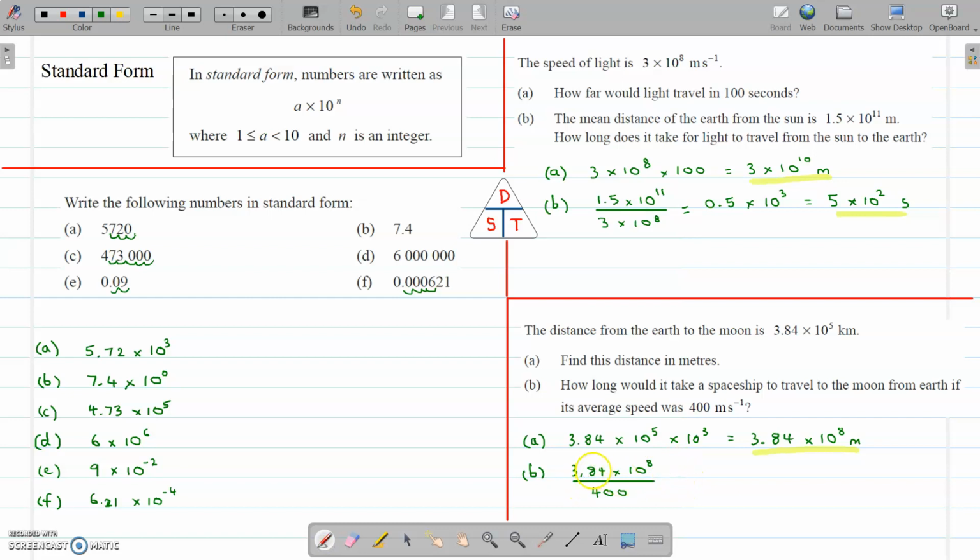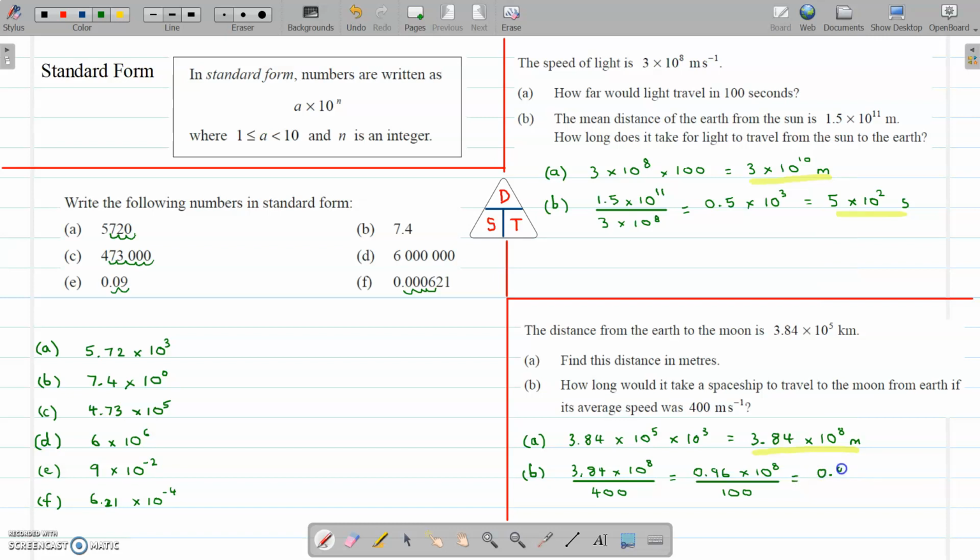So basically I'm dividing this by 4 and this by 4, to give me 0.96, which deliberately puts it out of standard form for the moment, times 10 to the 8, and all of that has to be divided by 100. Now 100 is 10 squared, 10 to the power 2. So if I take 10 to the 8 and divide it by 10 to the 2, I get 10 to the 6.